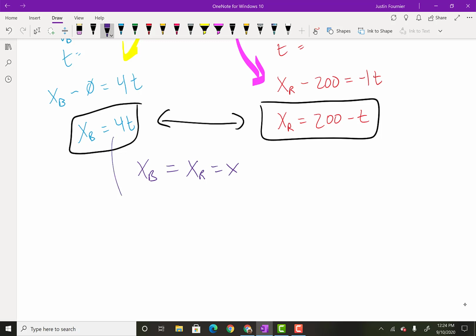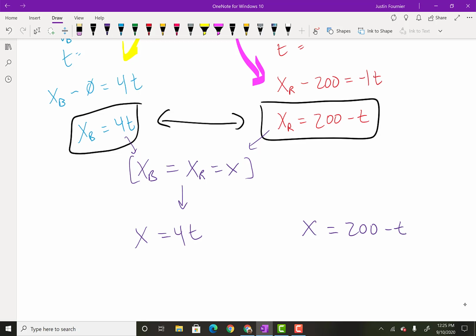So from that idea, it's going to change into final position is equal to 4t, because this is where they're going to meet. And then for the red car, the final position equals 200 minus t.